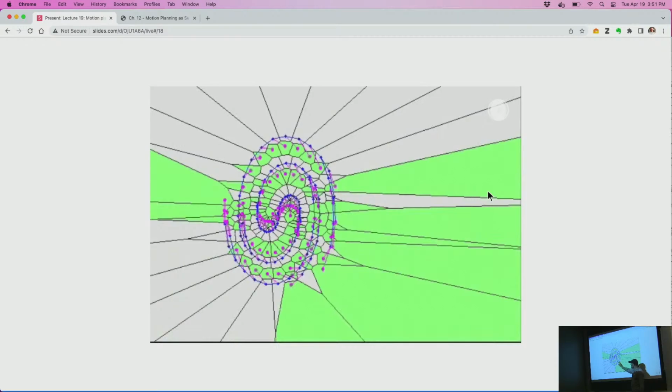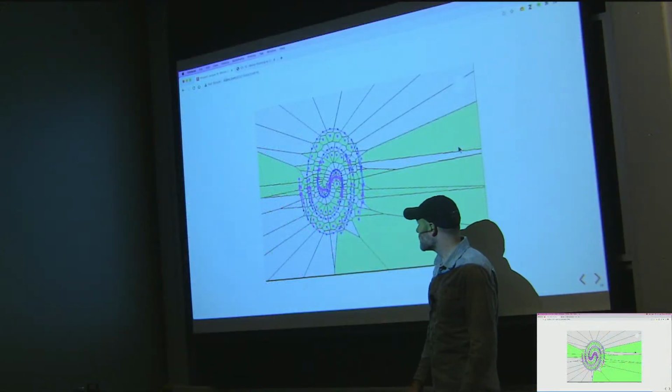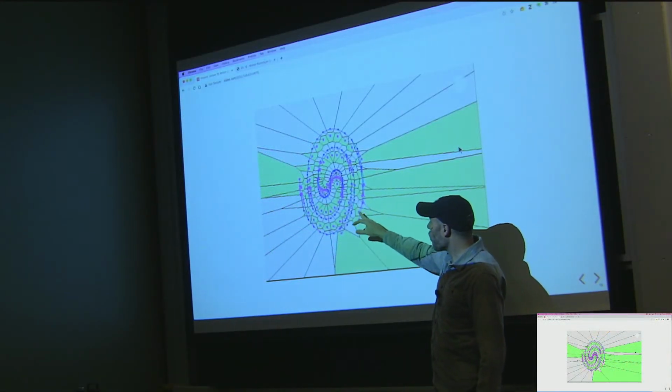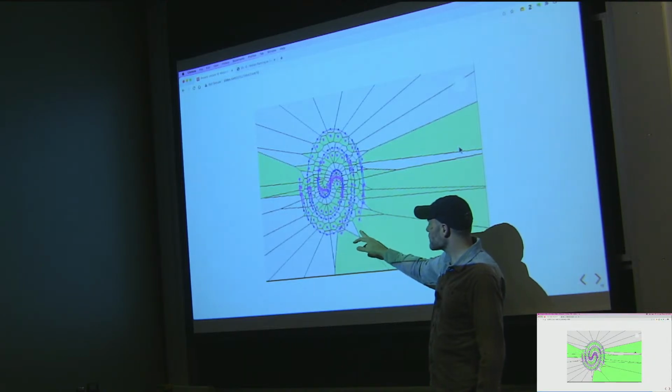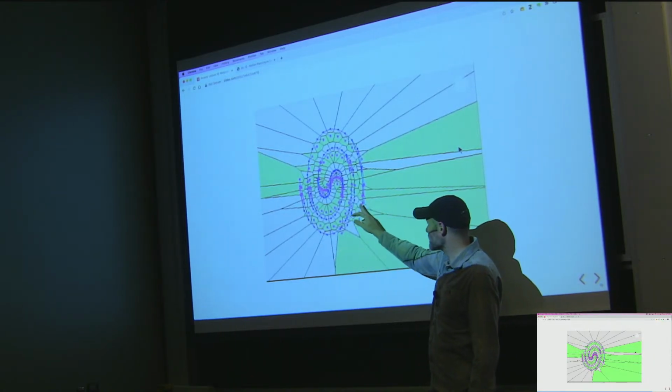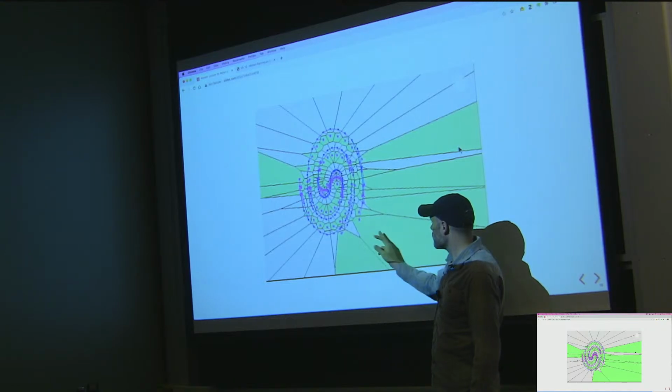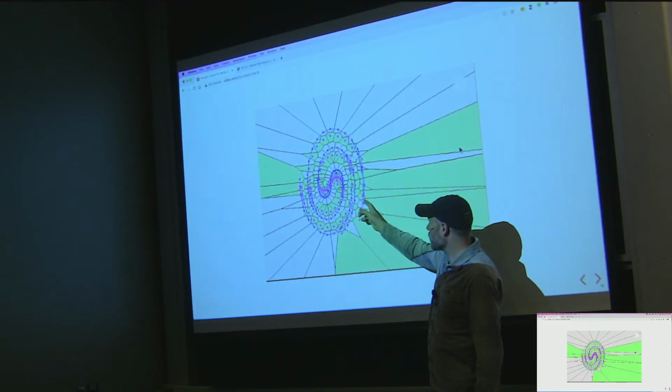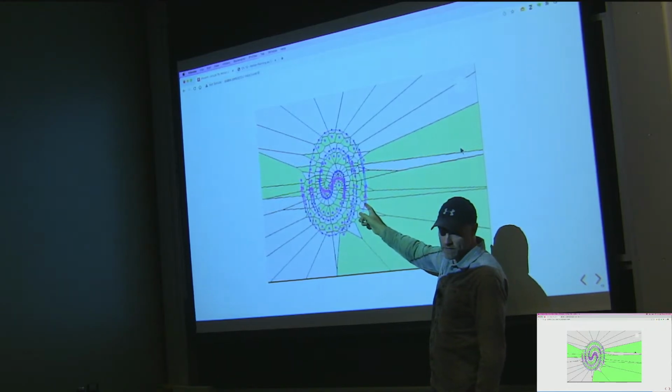So I have a pink tree that's always growing on the frontiers of my blue tree, which is the actual RRT tree. But only when the pink points, the frontiers which I have not yet explored officially, are closer to my sample will I actually expand from that sample.